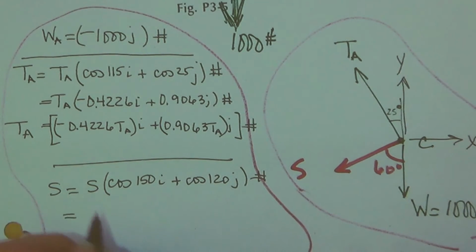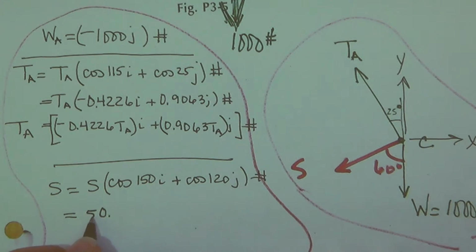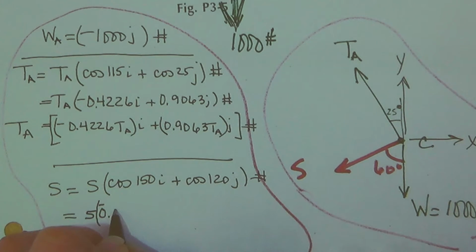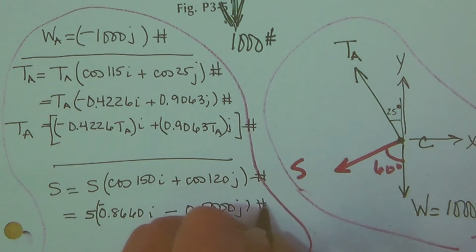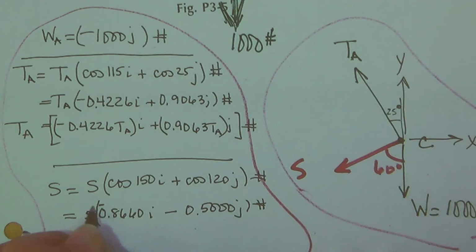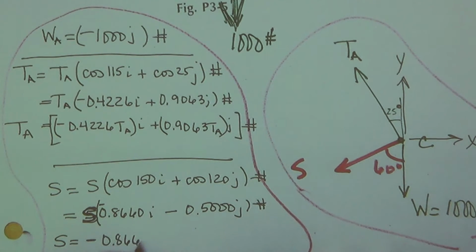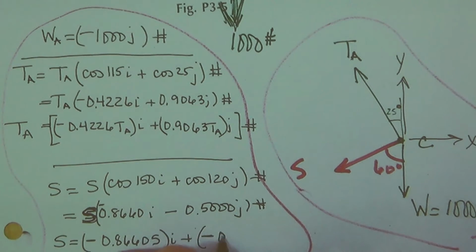What's the cosine of 150? 0.8660, negative. And the cosine of 120 is negative 0.5. So this is an S: negative 0.8660 S i, plus the negative 0.50 S j.